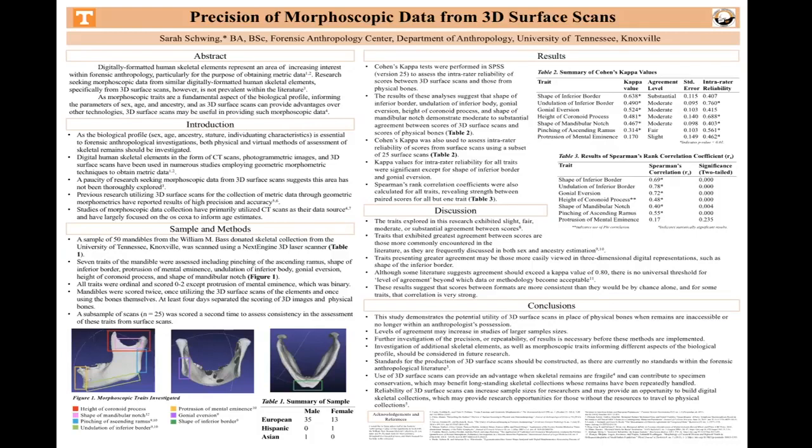That trait is shape of the inferior border, but the character state, or the form that trait takes, would be either square, or I'm sorry, bilobate, would be round, or could be pointed.